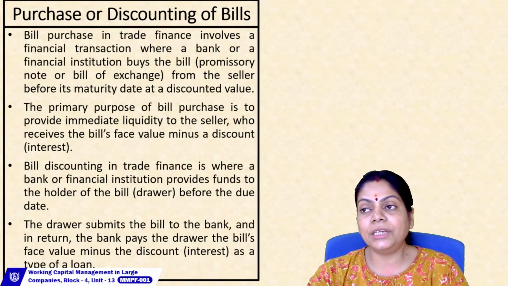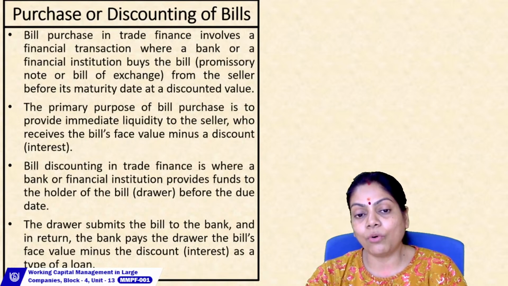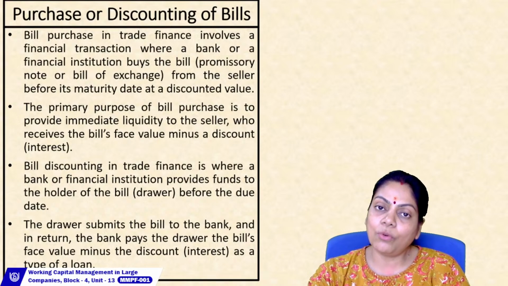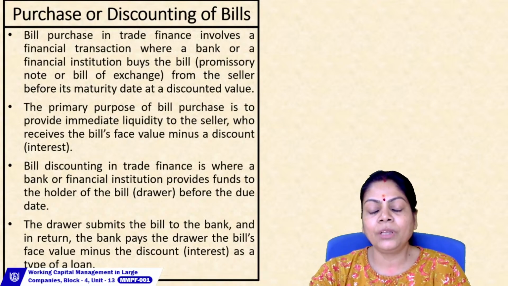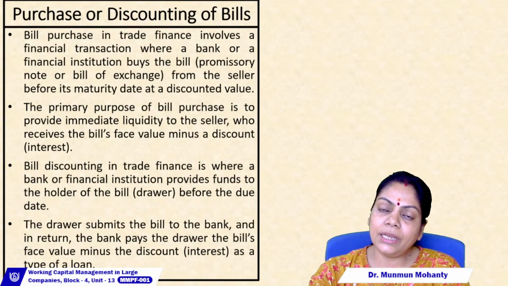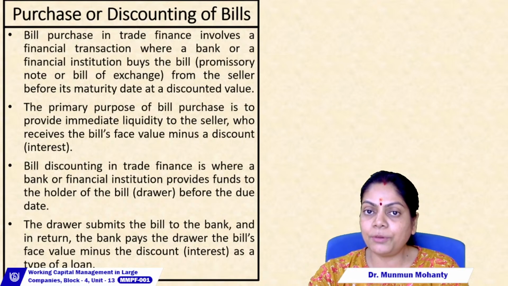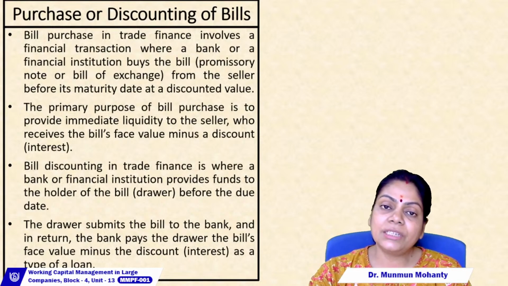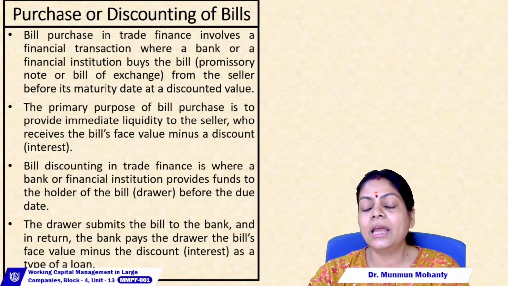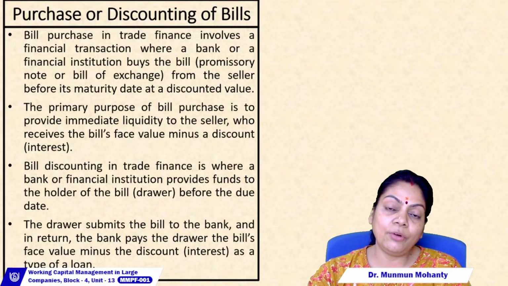In the first case, in the purchasing of bills, the banker owns the bill from day one. Whereas in case of discounting of bills, the bill is still owned by the client or the seller of the product, but it is discounted by the seller's bank, and the seller's bank gives him the required liquidity.